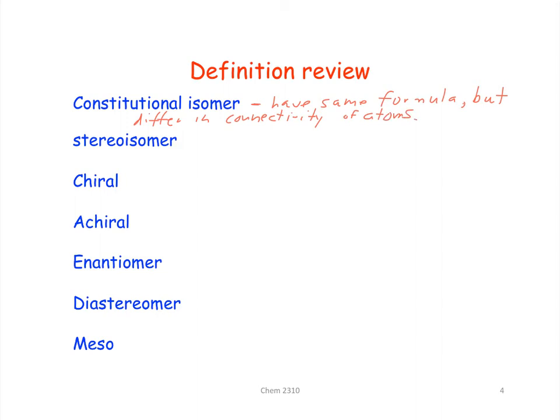All right? Stereoisomers, right? They're going to be isomers too, so they still have the same formula. But they differ in the 3-dimensional orientation of the groups.